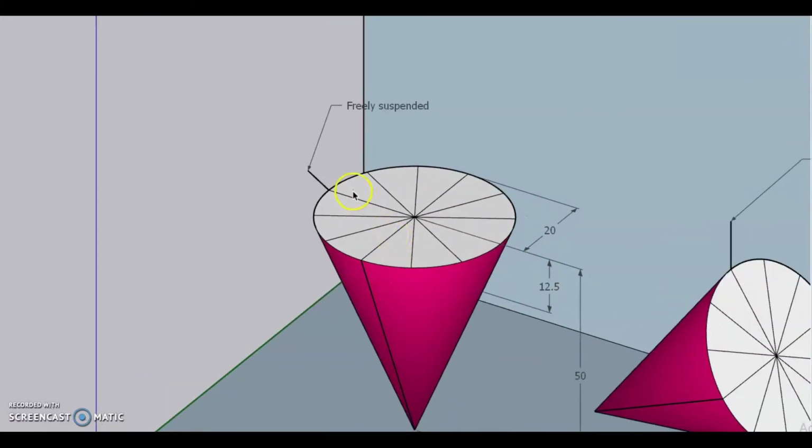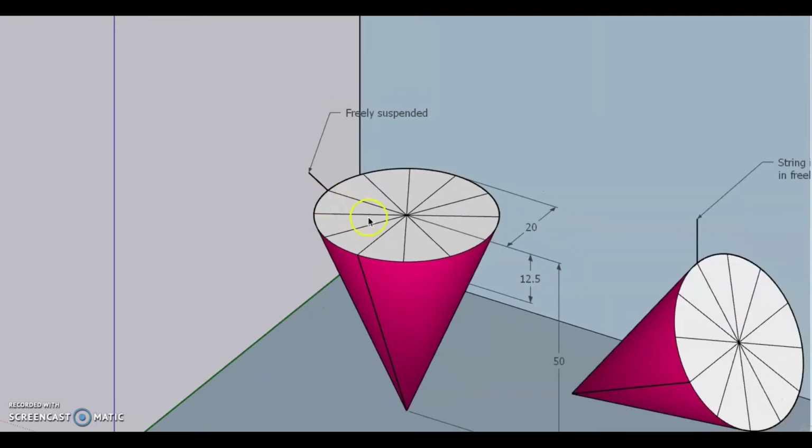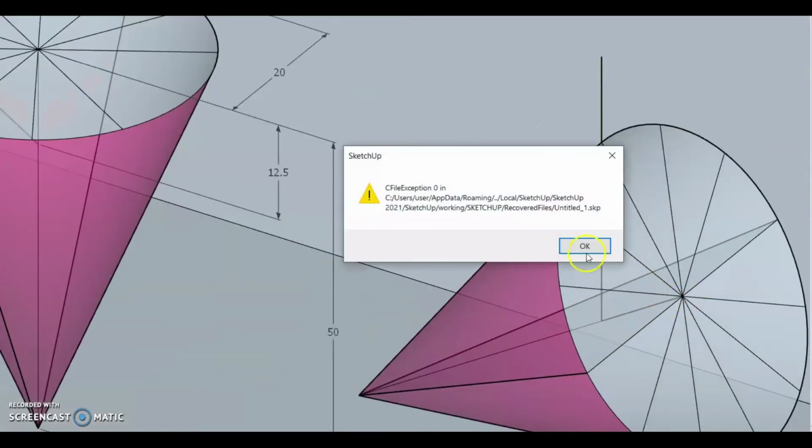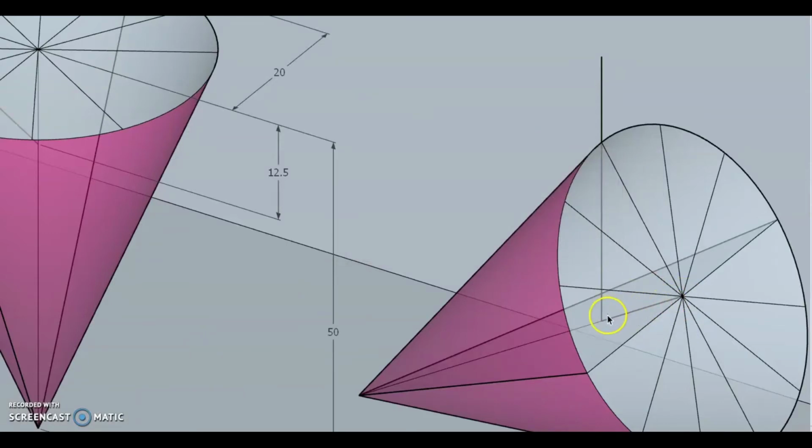When the cone is freely suspended by means of the string, and in the freely suspended condition, when this string becomes vertical, this point passes through 1/4 distance from the base along the axis.